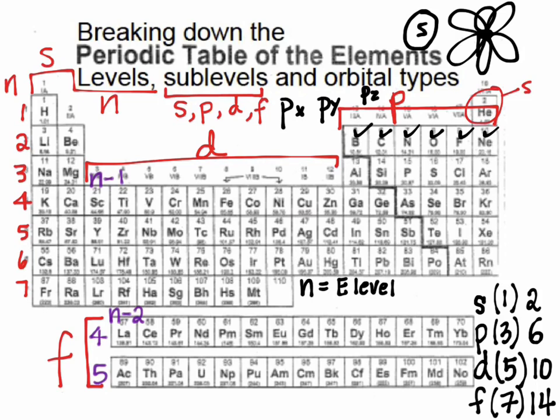Okay. If I look at energy level 2, how many orbitals are there? 4. Yes. If I go to energy level 3, how many orbitals are there? I have an S, I have a P, and I have a D. 9? And you have to be because it's N squared. Yes.